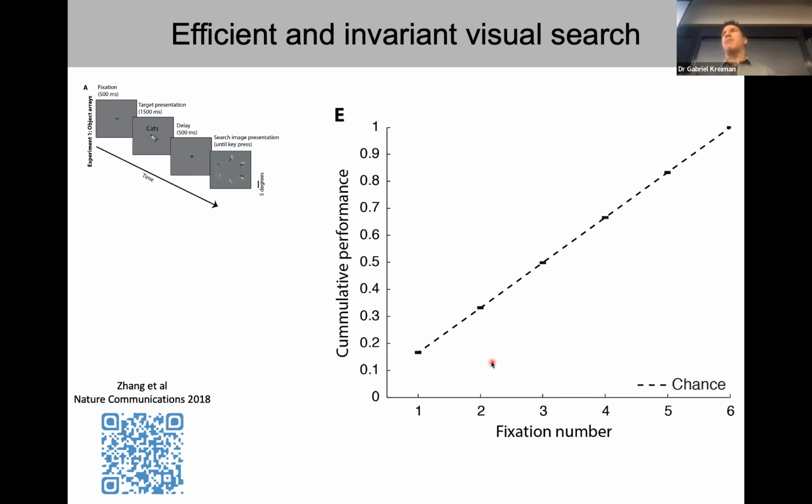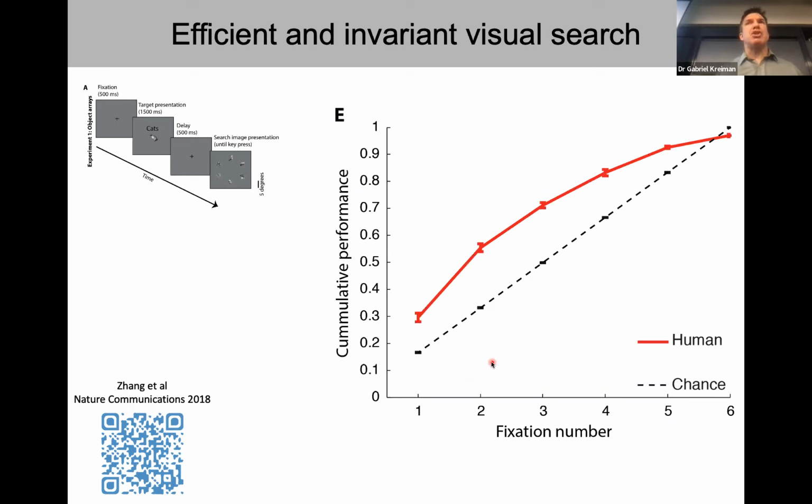If you were to move your eyes randomly from one object to another, without ever returning to a previously visited location, and I will come back to that soon, the performance that you would get is chance, and it's dictated by this line here. So the probability that you'll get it right the first time would be 1/6, the probability that you get it right the second time would be 2/6, and at the end, the probability is 1 because there were 6 objects on the search image in this particular case.